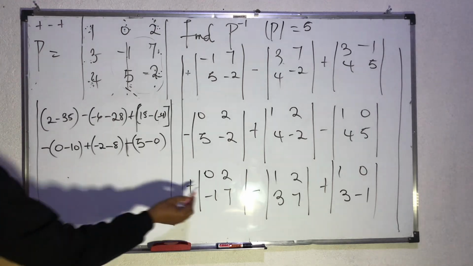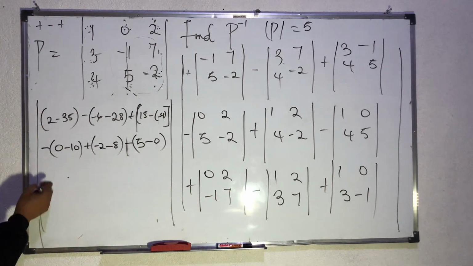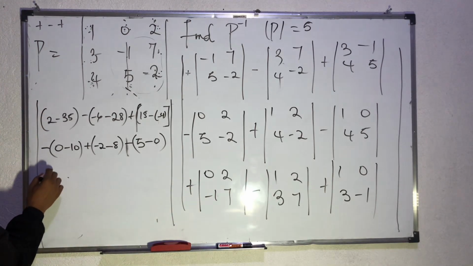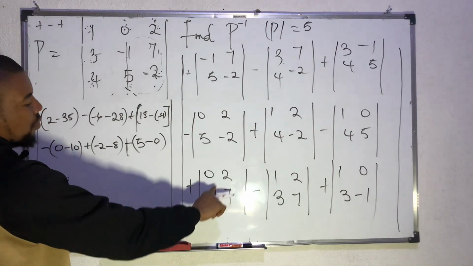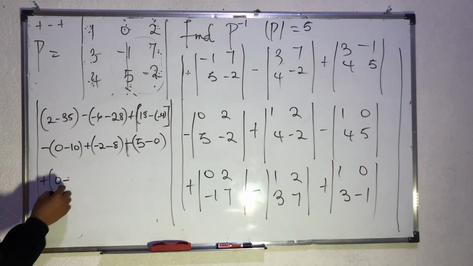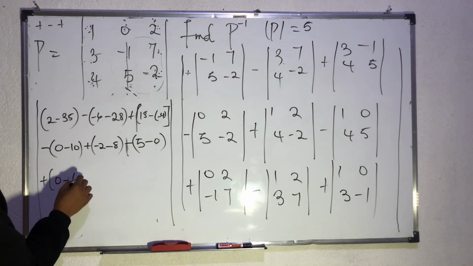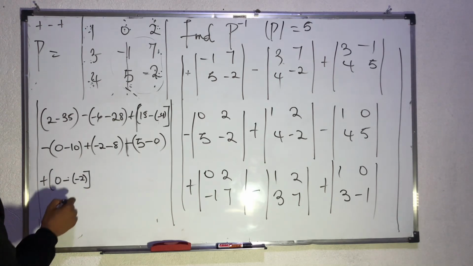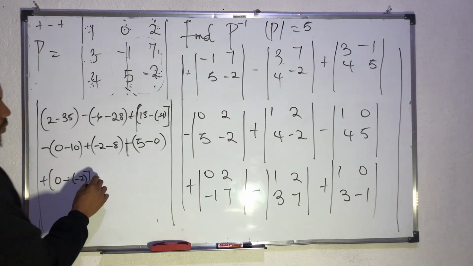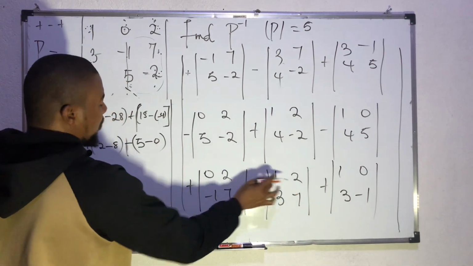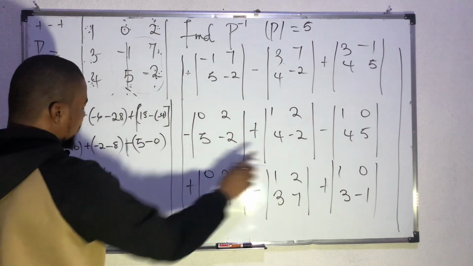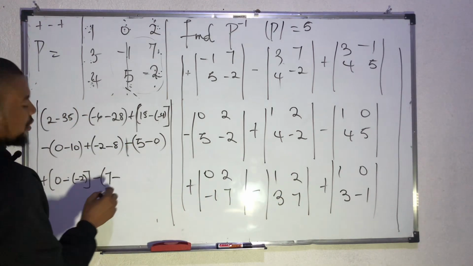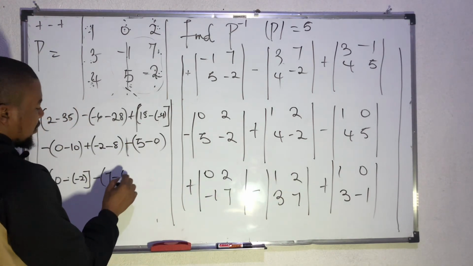And lastly, 7 multiplied by 0 gives us a 0, minus negative 1 multiplied by 2 gives us a negative 2, minus 7 multiplied by 1 gives us a 7. 3 multiplied by 2 gives us a 6.